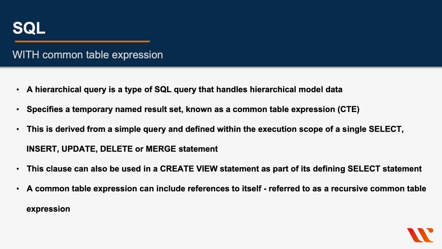The CTEs can be thought of as alternatives to derived tables like subqueries and views. Common table expressions are supported by Microsoft SQL Server, Oracle, Postgres, MariaDB, MySQL, SQLite, HyperSQL, and H2. In Oracle, these are called subquery factoring, so there might be a little difference in the naming convention.